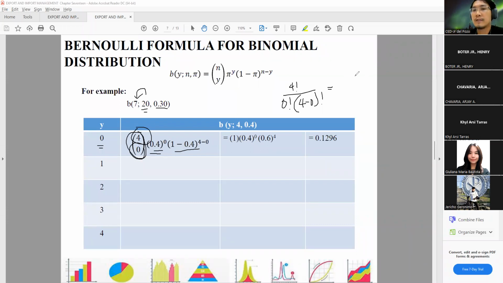Okay, 4 factorial is 4 times 3, 12 times 2, 24. Ang 0 factorial is 1. Kahit i-type nyo pa yan sa calcu, ang 0 factorial is equal to 1. So 4 minus 0 is 4 factorial, that is also 24. So 24 over 24 is equal to 1.